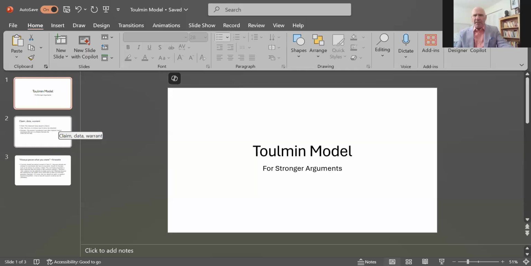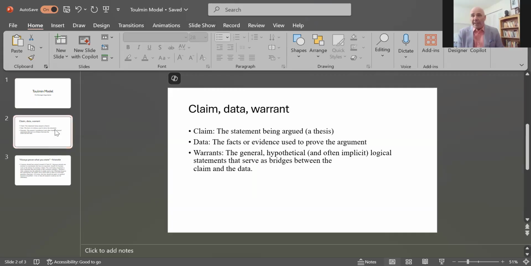Okay. So the Toulmin model is usually considered a pretty basic structure for both public speaking and for structuring an essay, a persuasive essay.